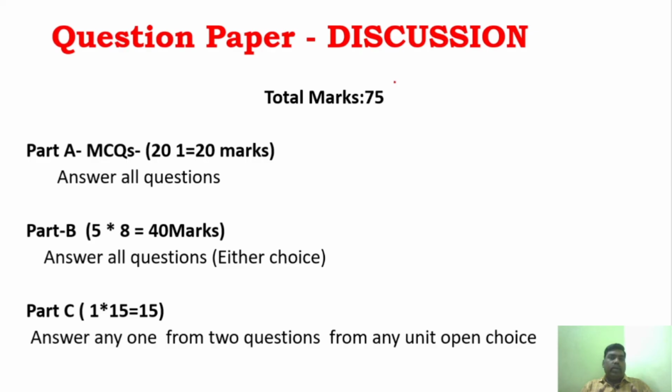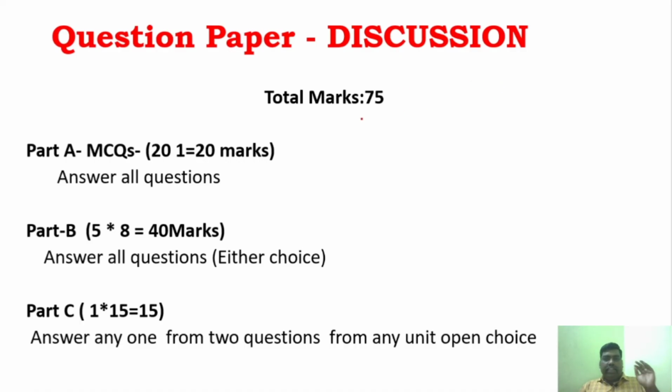So I've given you 3 to 4 university question papers in the description of the video. Just go through them so that you can understand what questions are asked and what the pattern is. This syllabus and pattern are new, and this is the pattern that is going to be followed in COA.